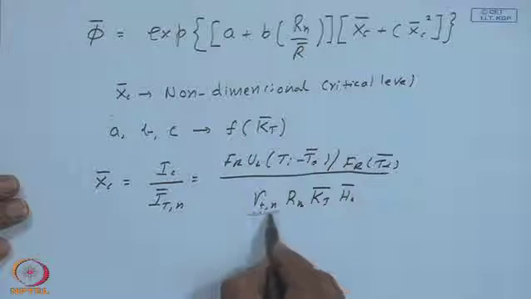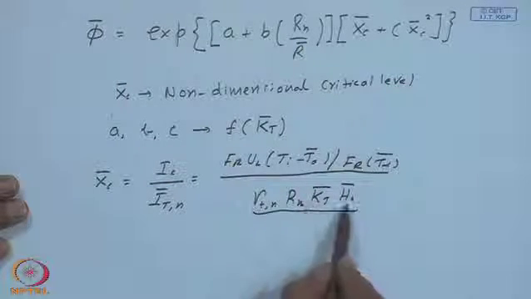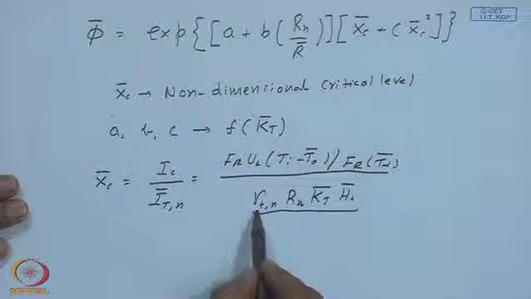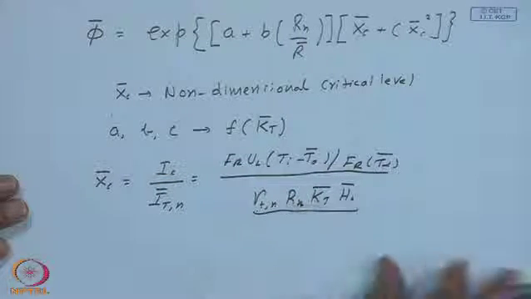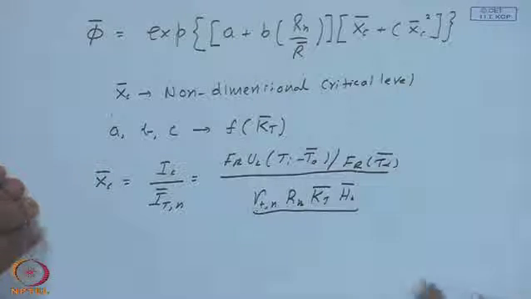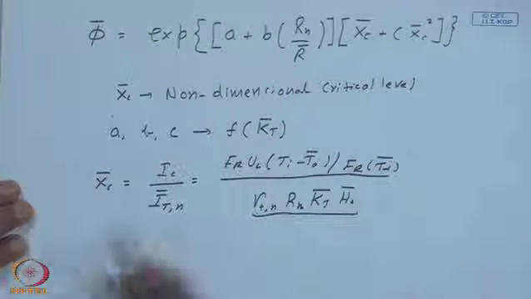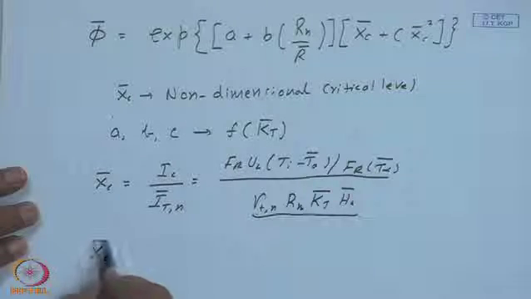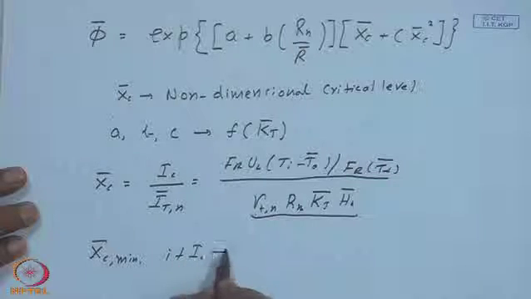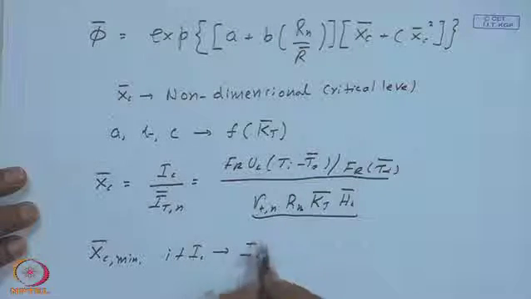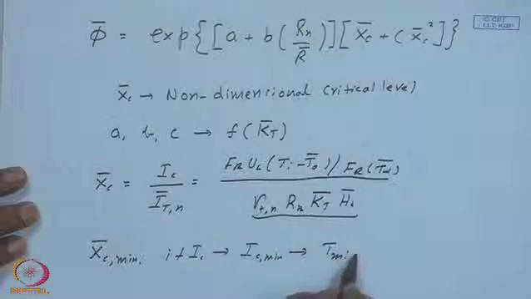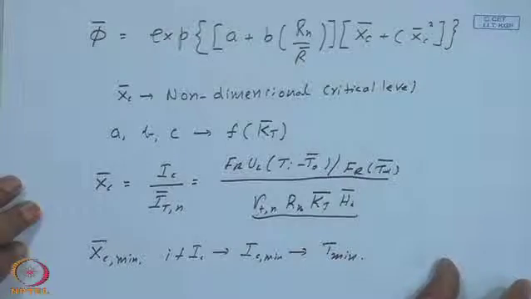Okay, you can see that this is nothing but the noontime radiation. Kt bar into H0 bar is going to give you H bar, that multiplied by RT at the noontime will be I at the noontime multiplied by the corresponding tilt factor for the orientation of the collector that is considered. So, it is customary to sometimes call Xc bar as Xc bar minimum if Ic corresponds to Ic minimum, corresponding to T minimum, the temperature above which energy delivery is desired.